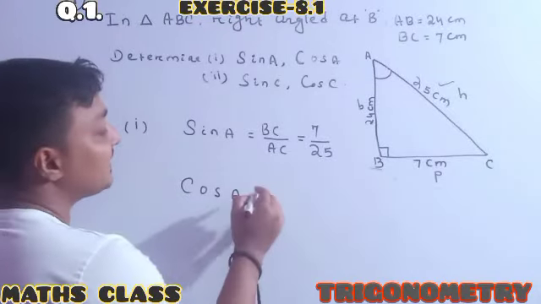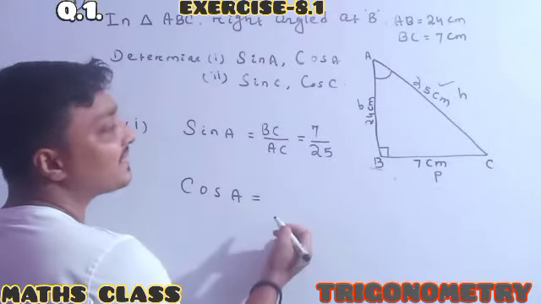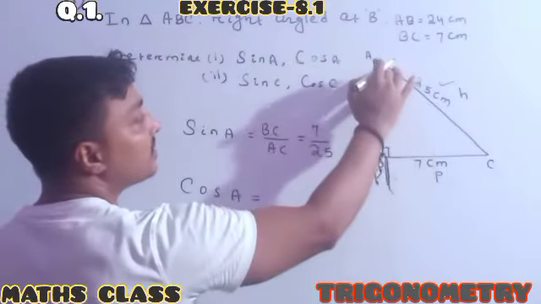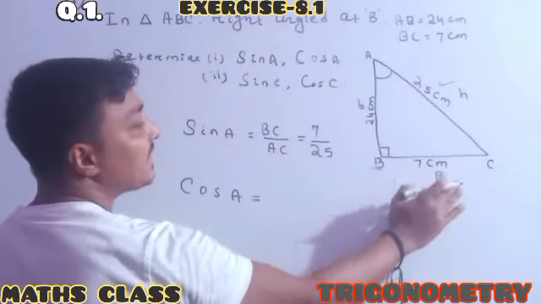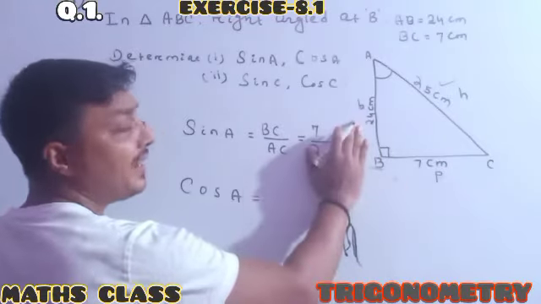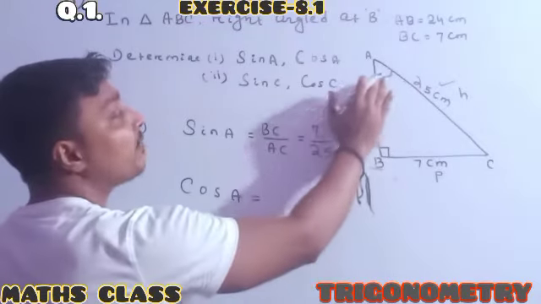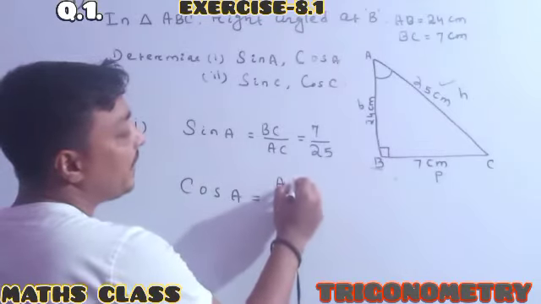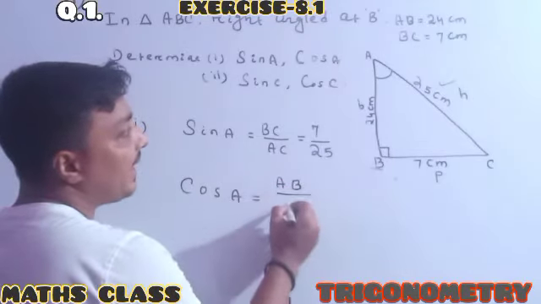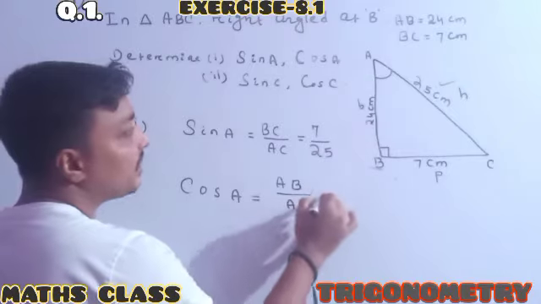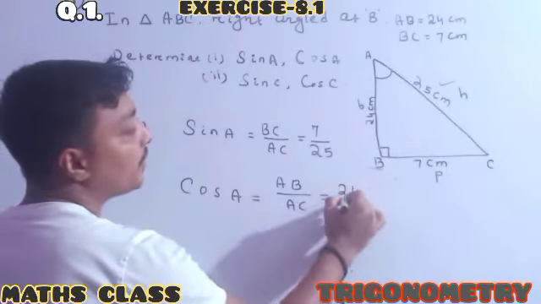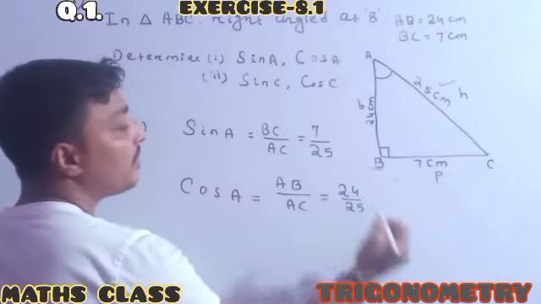And cos A is B by H, because the opposite side of this angle is this one, and this one is the adjacent side of this angle. So B means AB divided by H means AC, which is equal to AB, which is 24, divided by 25.